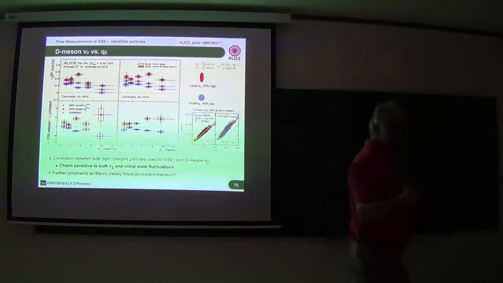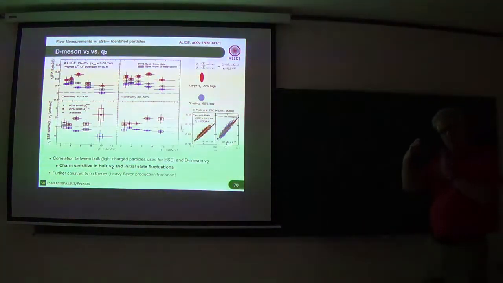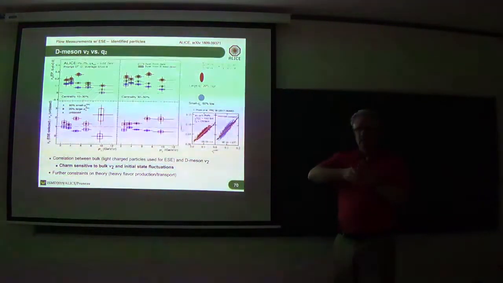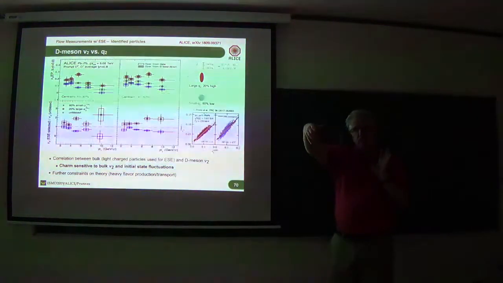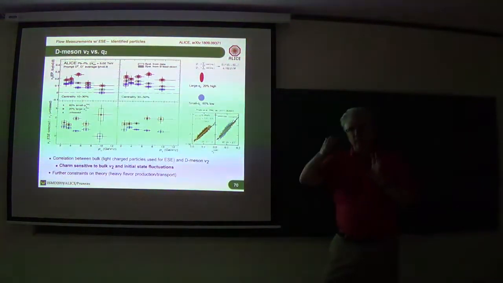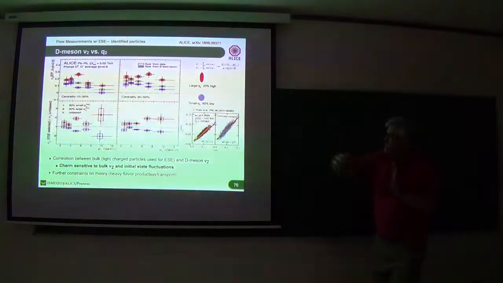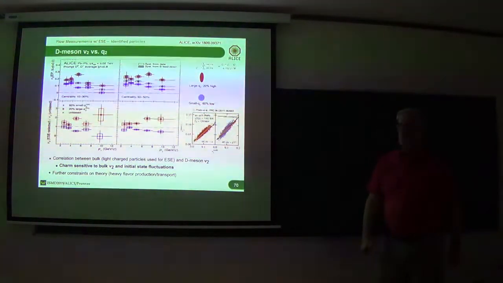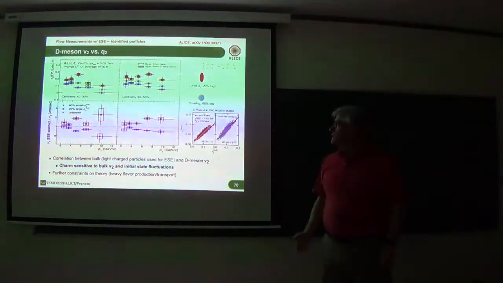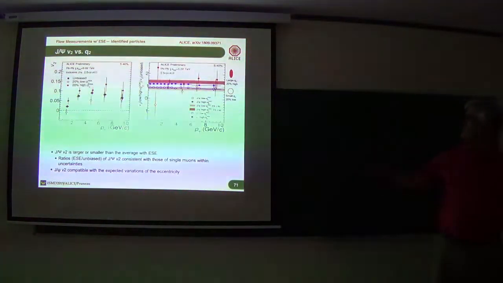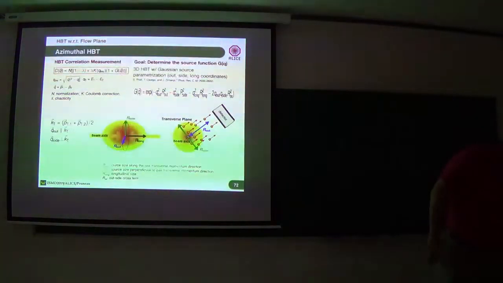What this tells you is that the D mesons are actually coupled to the system. They are not independent of the system, they're flowing through the system, they collide with the system, they interact, and there's some level of dissipation, and therefore there's some level of coupling. Understanding that coupling will be very interesting. The same thing was seen with the J/psi, but I'm not going to discuss it.